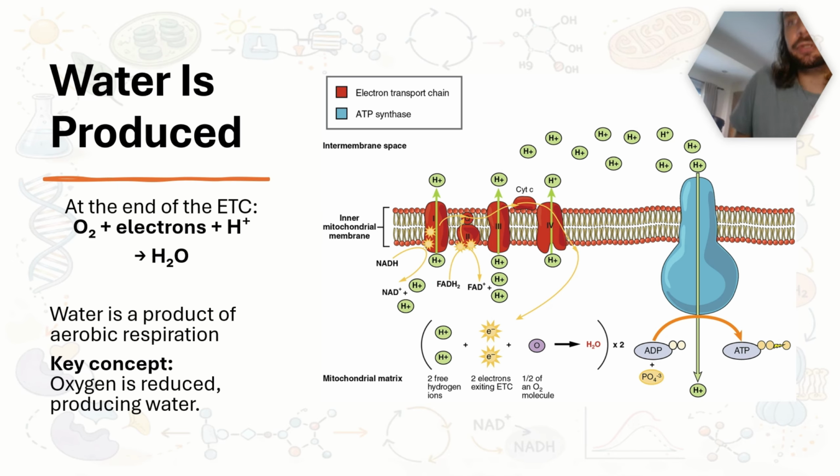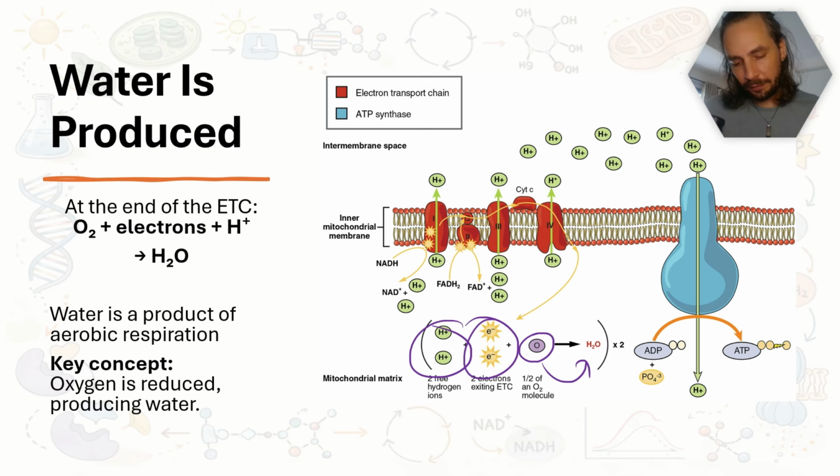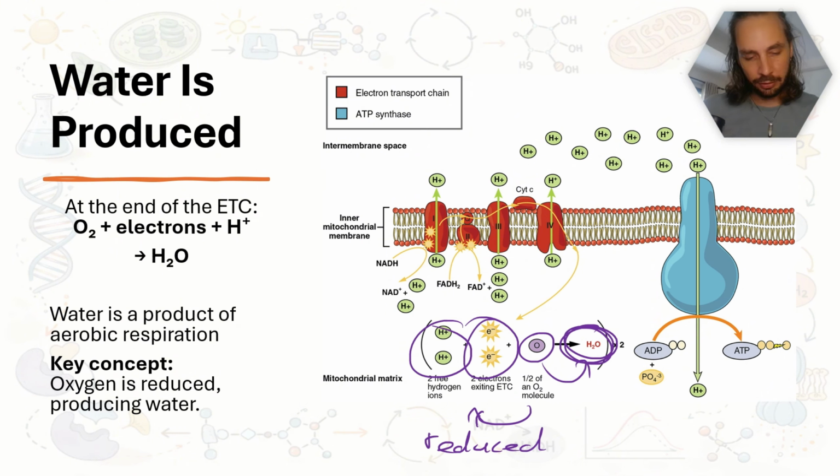Now, water is produced when oxygen accepts those two electrons and takes two free hydrogen ions, binding to form water. Because oxygen is accepting those electrons, it is reduced.